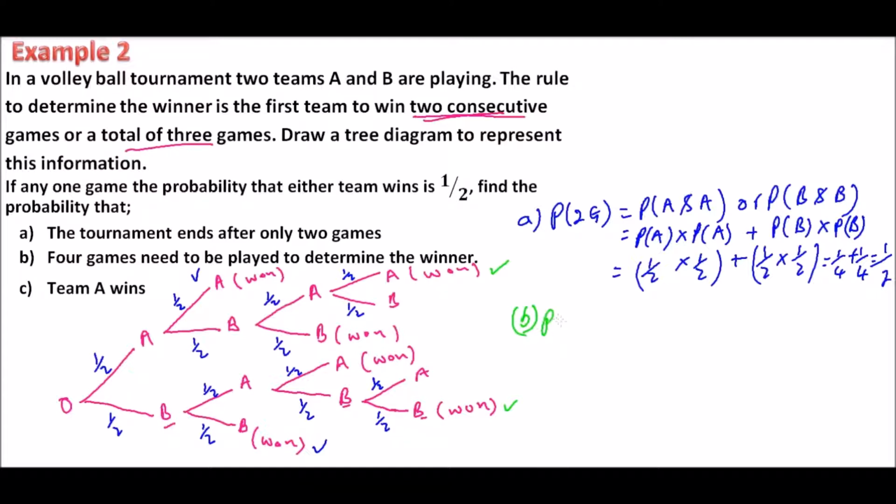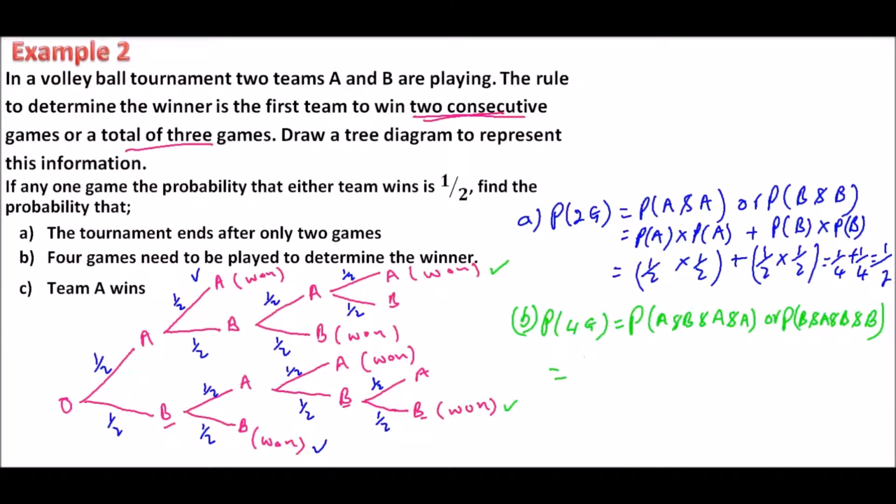So we say the probability of 4 games to be played to determine the winner is the probability that we have A winning and B and A and A, or the probability that B wins, then we have A, and we have A and B, and finally we have B. So those are 4 outcomes, the outcomes where we need to have 4 games played to determine the winner.